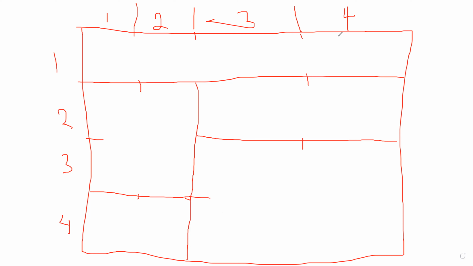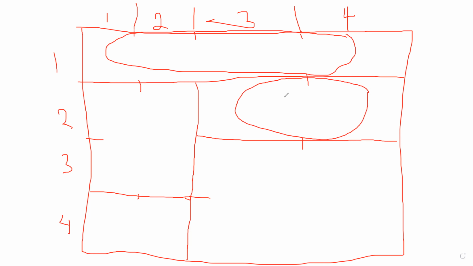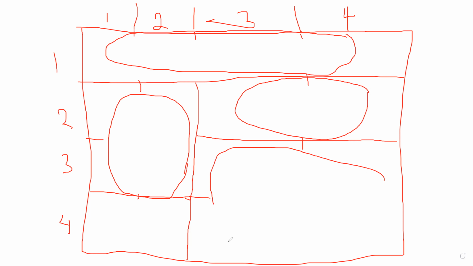So I have four columns collapsed here into one cell, two columns collapsed here into another cell. Here I have two columns and two rows collapsed together to form a single cell. And I have two columns and two rows collapsed also here to have a single cell. And this one, I have only two columns collapsed here to have that cell.